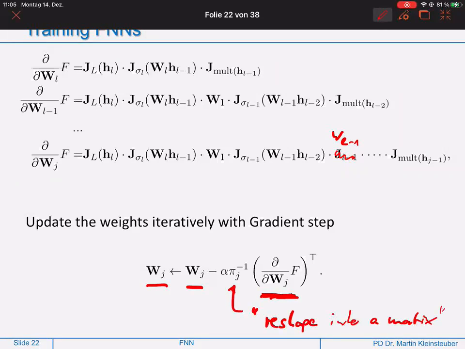In order to form this Jacobi matrix of F, we had an enumeration of the entries of the weights, and this enumeration has to be made backwards in order to stick it together to a matrix.